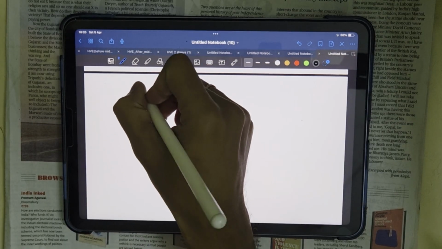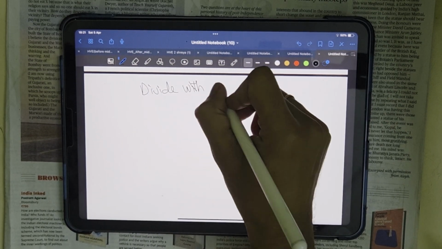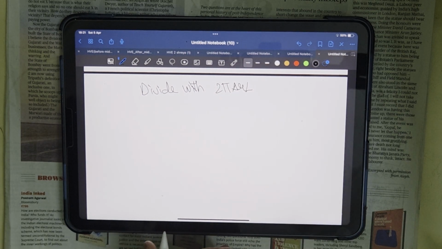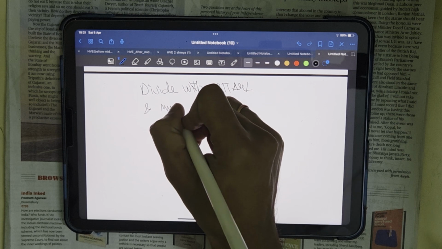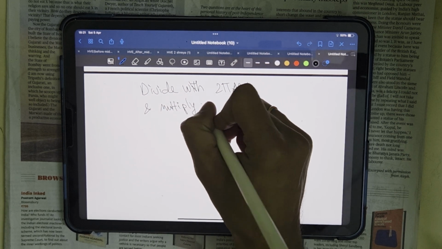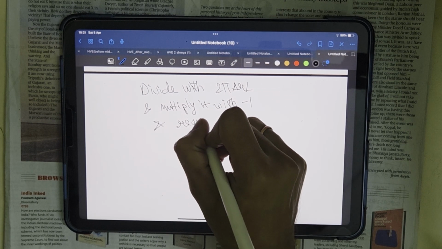Now we will divide the equation by 2 pi delta r L, multiply it by minus 1 and rearrange.